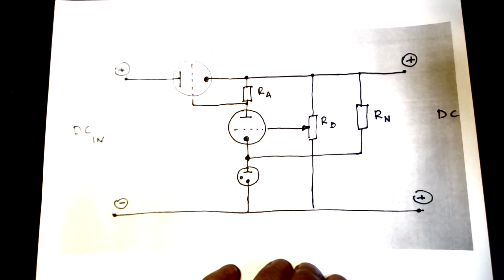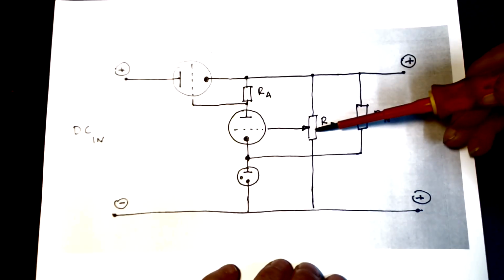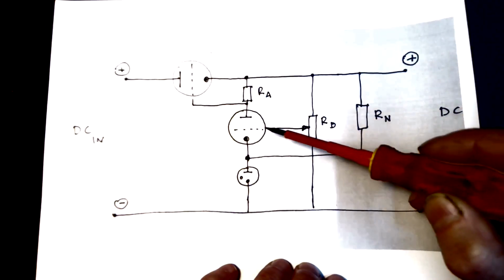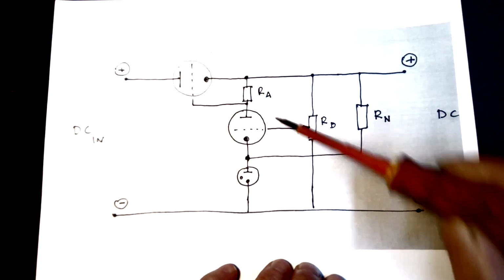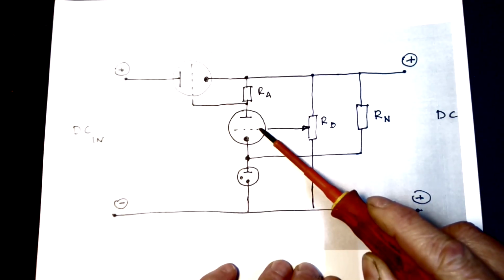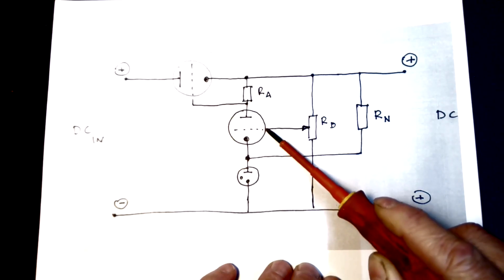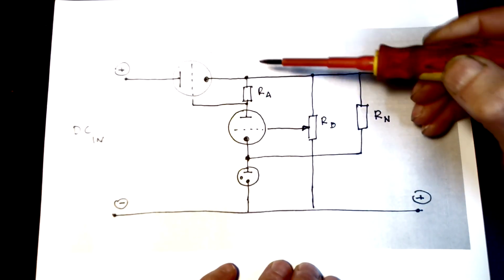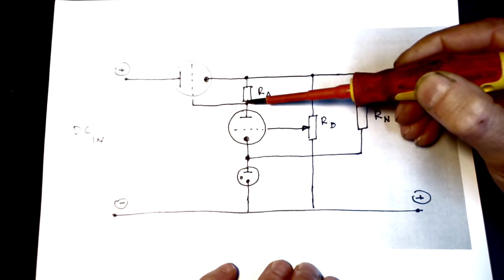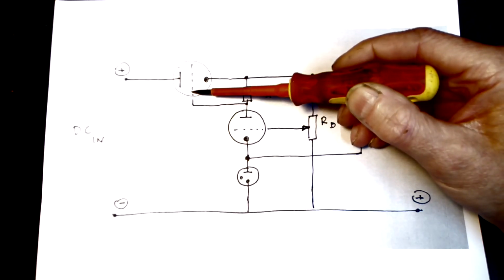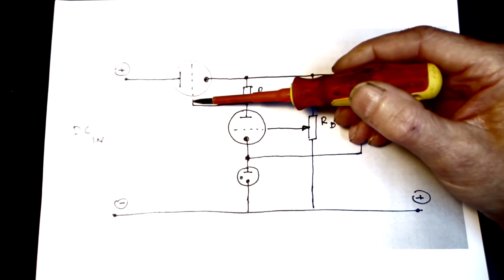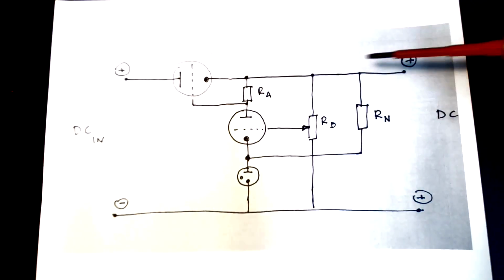The voltage rise changes the voltage of the voltage divider, meaning the grid of the error amplifier becomes more positive. It increases the anode current of the error amplifier, so it biases the pass element more negatively, and because of that the output voltage is lowered.